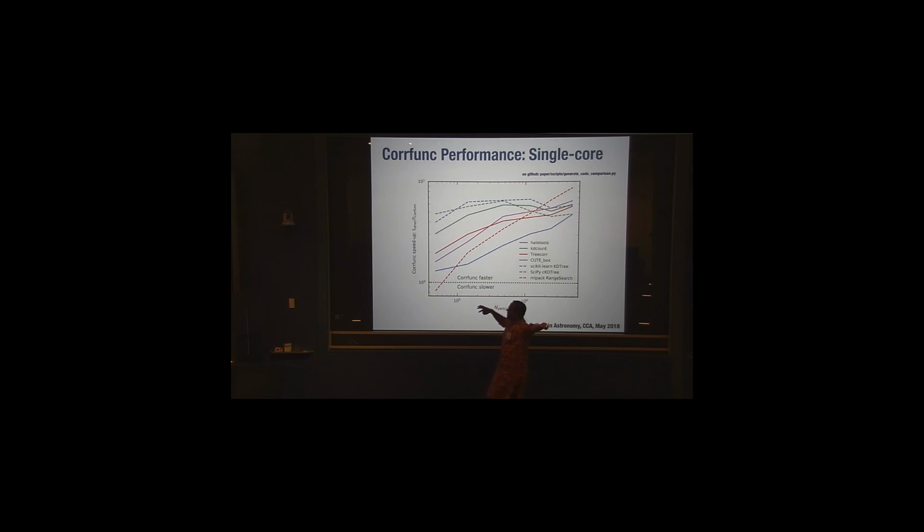The y-axis is speed up, and this is 1. So anything over here is CoreFunc being faster; below here, CoreFunc is slower. Basically, across the board, CoreFunc is faster, and this is the lower limit. By default, CoreFunc will run much faster than that.